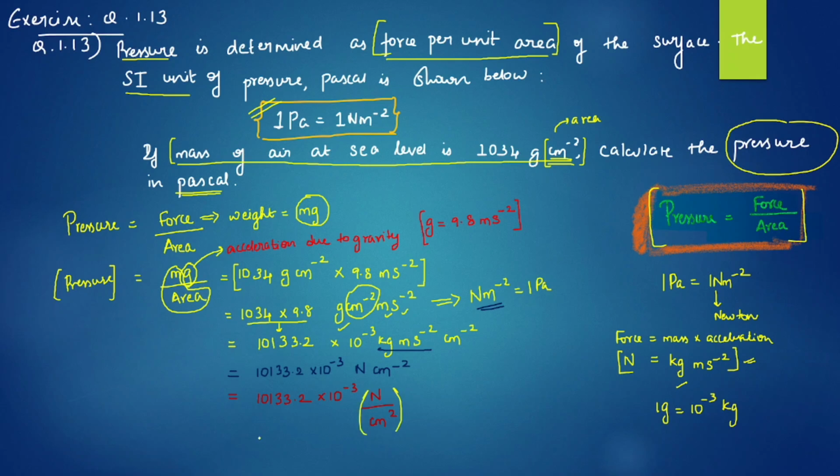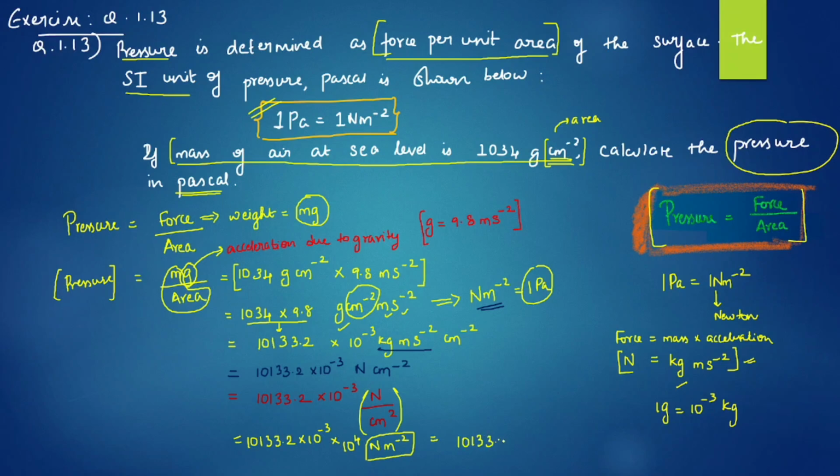So we'll get the answer as 10133.2 into 10 power minus 3 into 10 power 4 Newton per meter square. So 10 power minus 3 and 10 power 4 are there. So here already we have got in terms of Newton per meter square, which is nothing but Pascal.